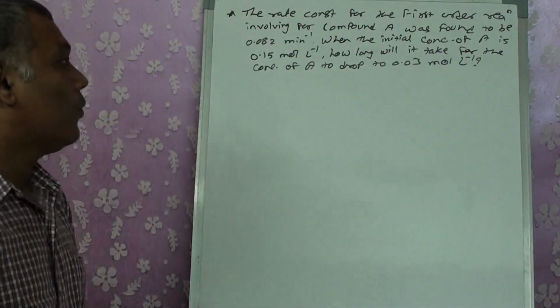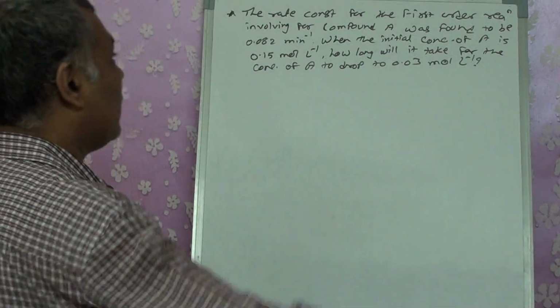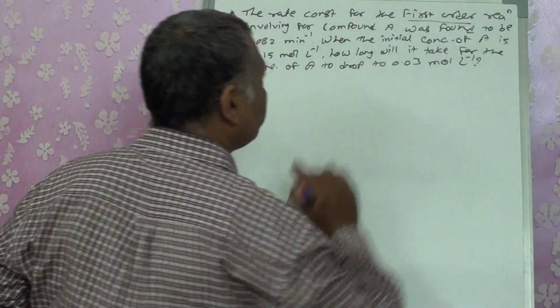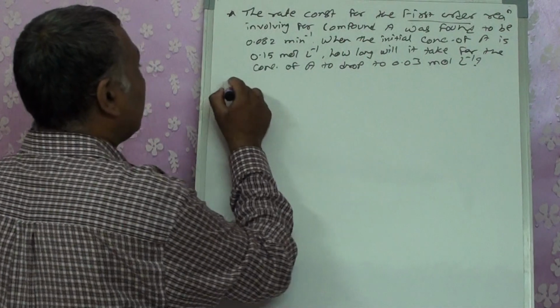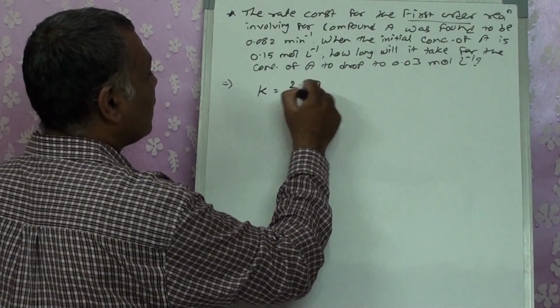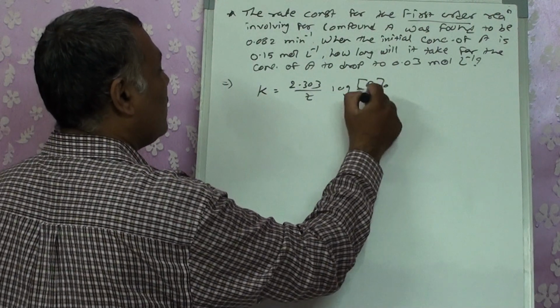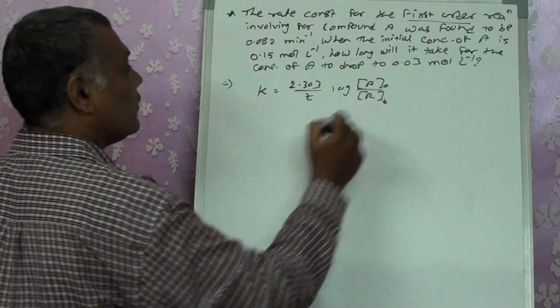Okay, now this is a sum that is given to us. Again it's a first order, so the integrated rate equation will be 2.303 by T log R0 by RT.